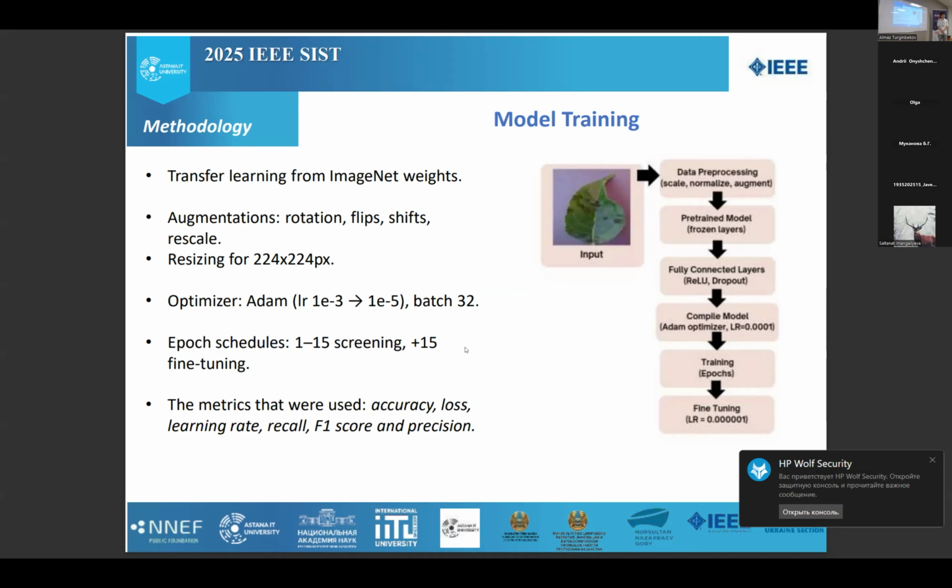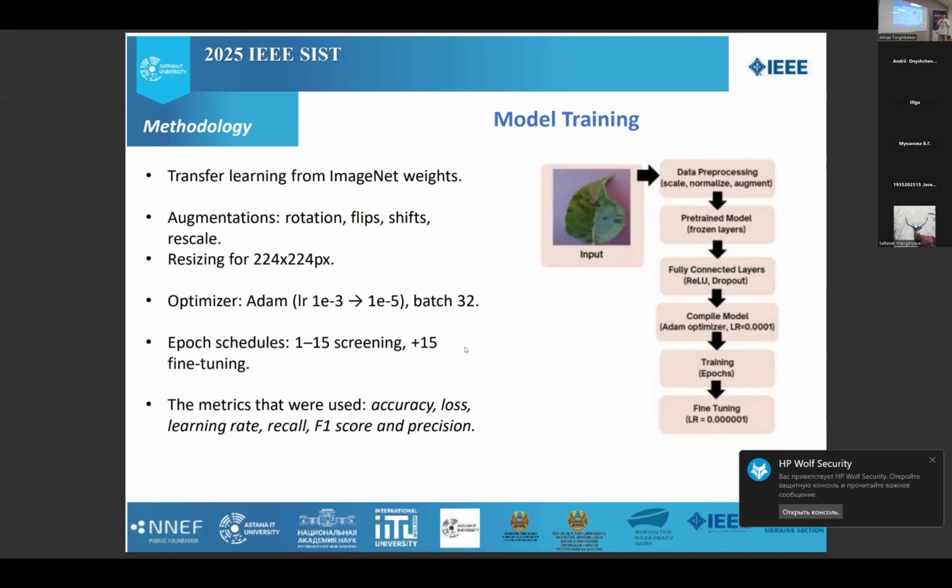Then the Adam optimizer was chosen for this project with a learning rate from 10 to the power of -3 down to 10 to the power of -5, with a batch size of 32 to match my GPU.